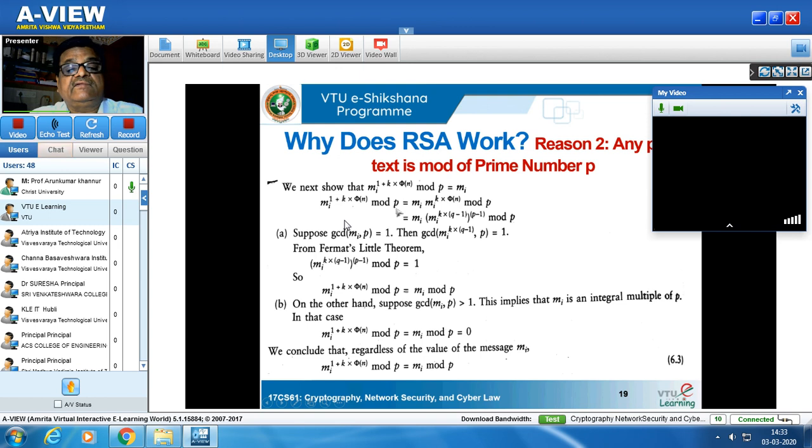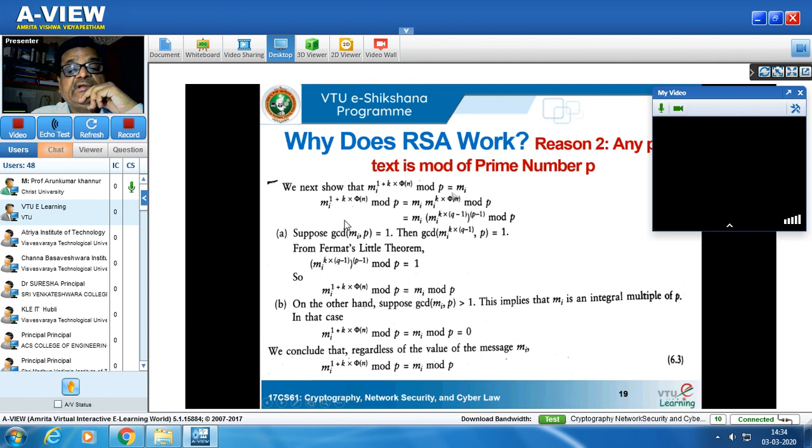We factorize this, mod P. When we carry out this activity, and then we proceed to simplify, the same thing can be represented as, because of Euler's phi function, we are simplifying it.